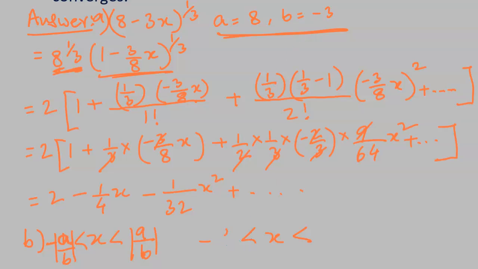That is, x should be greater than negative 8 over 3 and should be less than positive 8 over 3. This is the interval of convergence. X can have any value between negative 8 over 3 and positive 8 over 3, okay? So we have answered the second subpart, the subpart B as well.